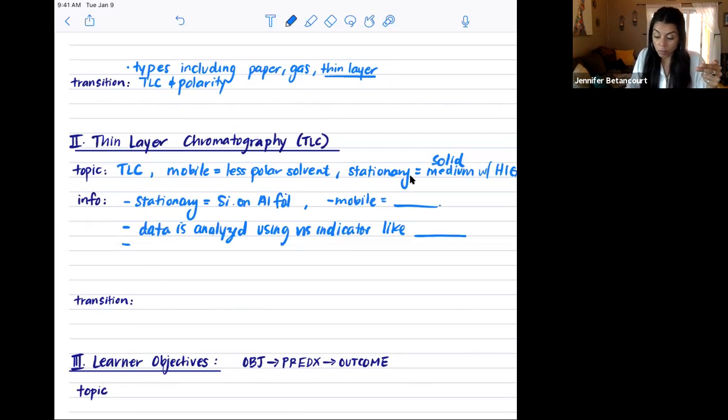Once the experiment is done running, the data is visualized using something like ninhydrin. And then to analyze the spots, you calculate the RF. Okay, then you define the RF.